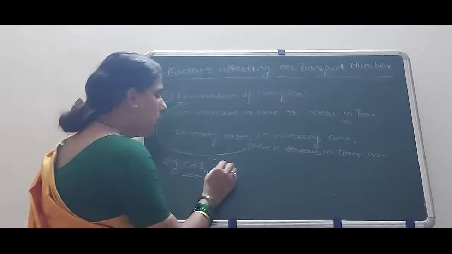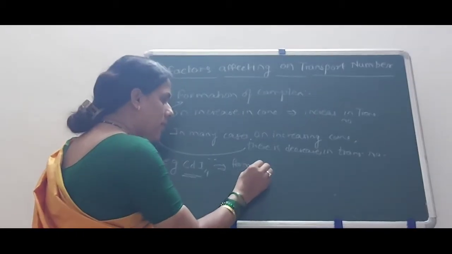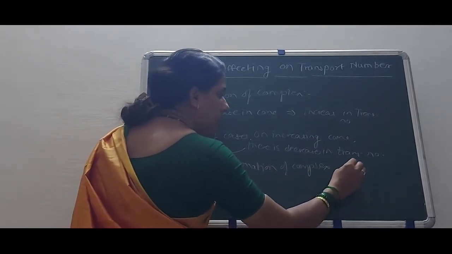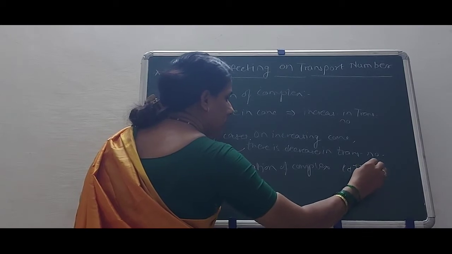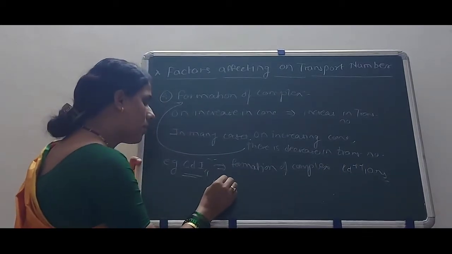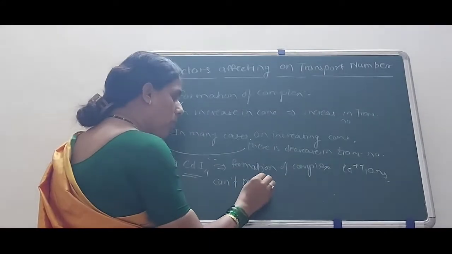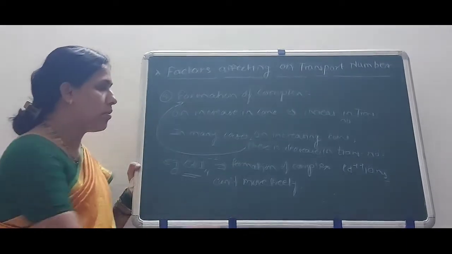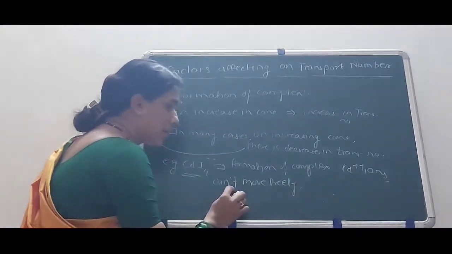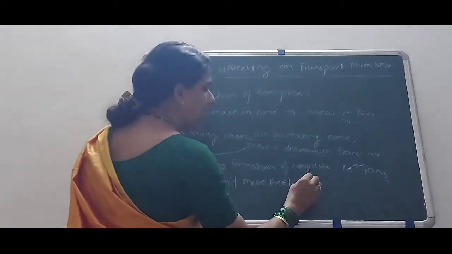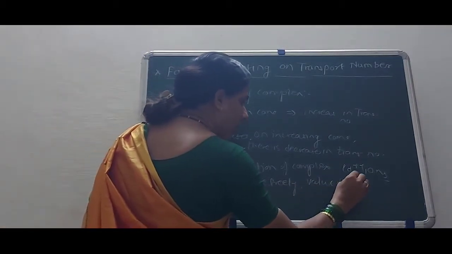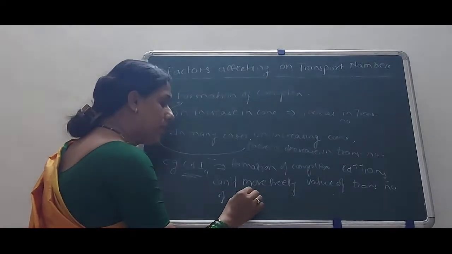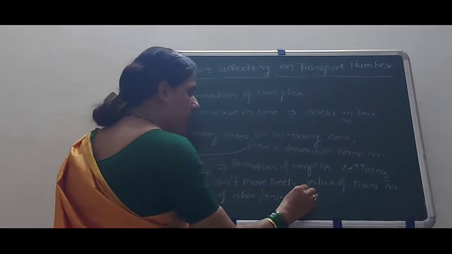Due to the formation of the complex, Cd plus plus ions cannot move freely. Therefore, the value of the transport number of cation or anion decreases.